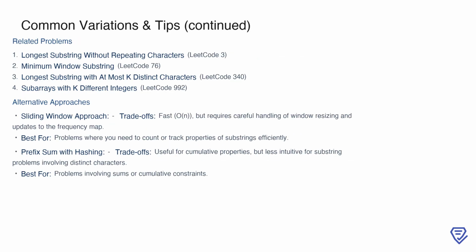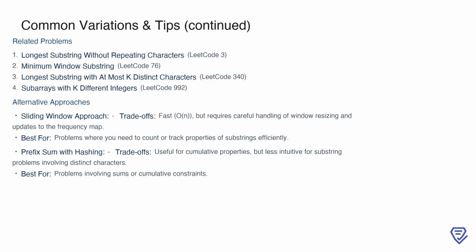This problem also shares similarities with several related problems, which can help you expand your understanding and sharpen your skills. For example, longest substring without repeating characters, LeetCode problem 3, is a classic problem that uses similar sliding window techniques. Minimum window substring, LeetCode 76, explores substring properties in a different way, focusing on finding the smallest window that meets certain constraints.